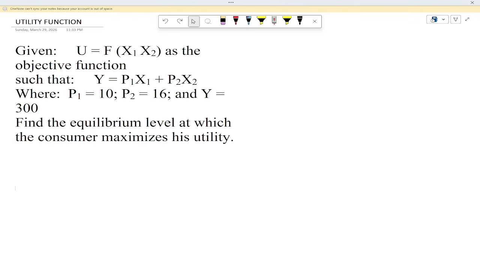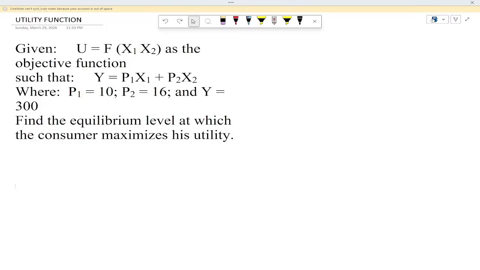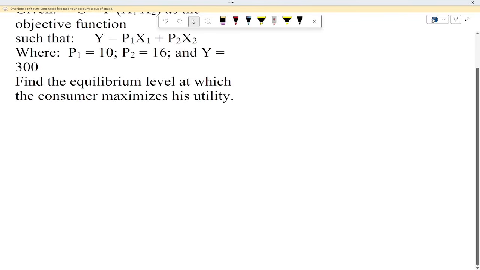So you have to find the equilibrium level at which the consumer maximizes his utility.